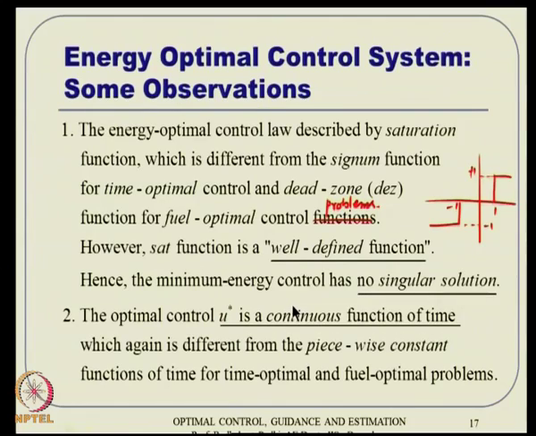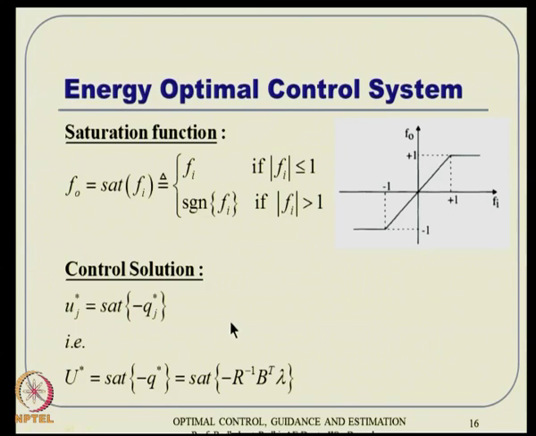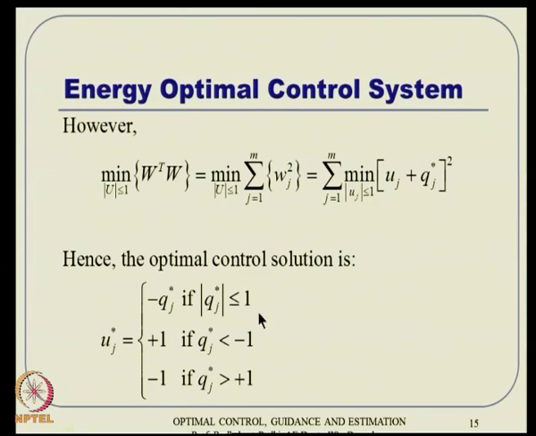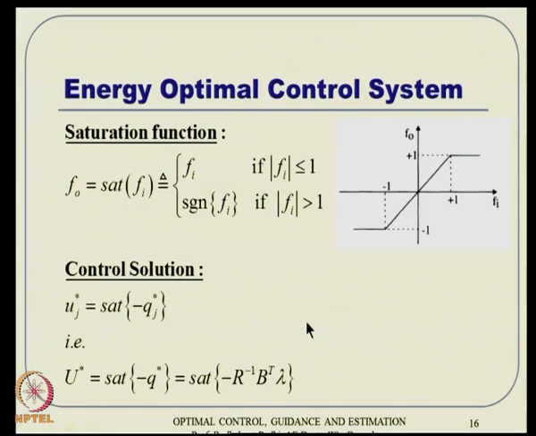Now, the critical observation here is that the constrained and unconstrained problems happen to be very close to each other. That means, as long as it is within the bound, it behaves as if it is an unconstrained problem. Only when it crosses that limit, then it is simply the bound value, which is very intuitive.